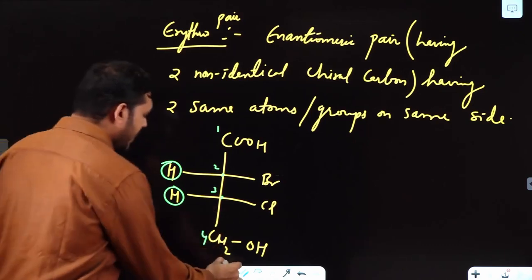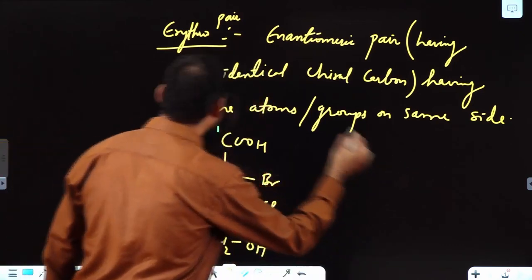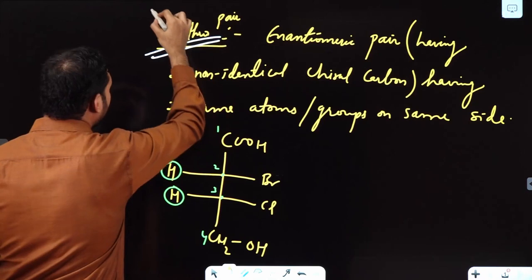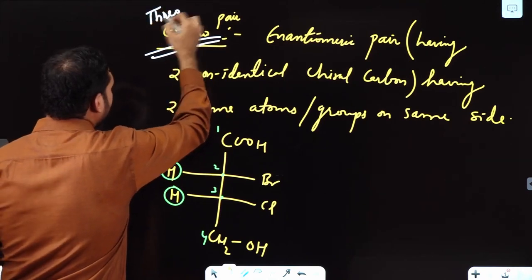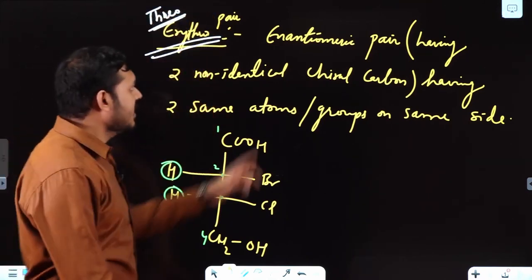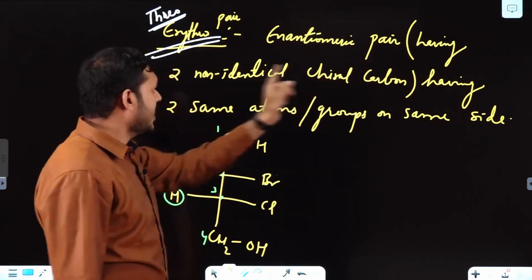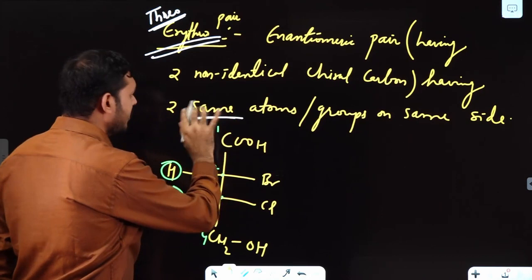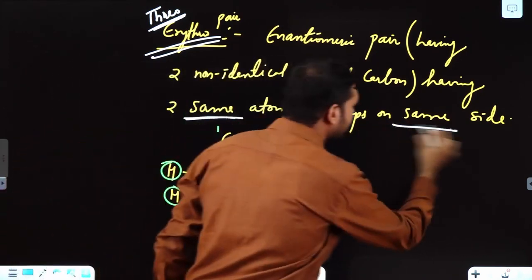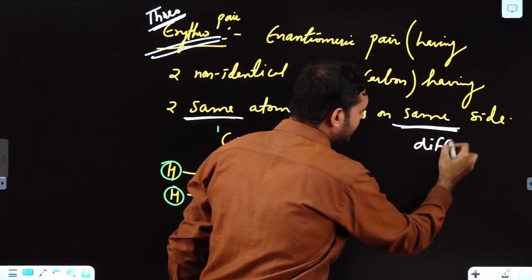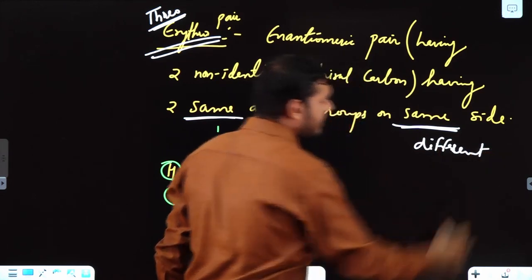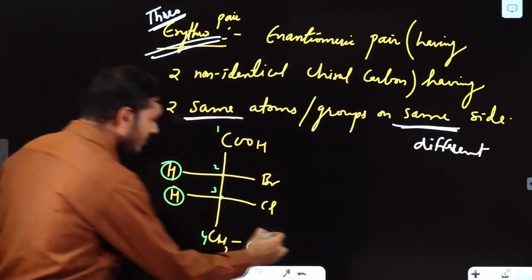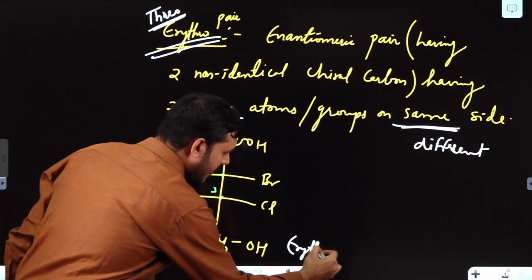So if I convert this, see, I am just changing here only. If I replace erythro by threo, then what I will say, enantiomeric pair having two non-identical chiral carbons having two same atoms or groups on, yes, here you have to change, different side.